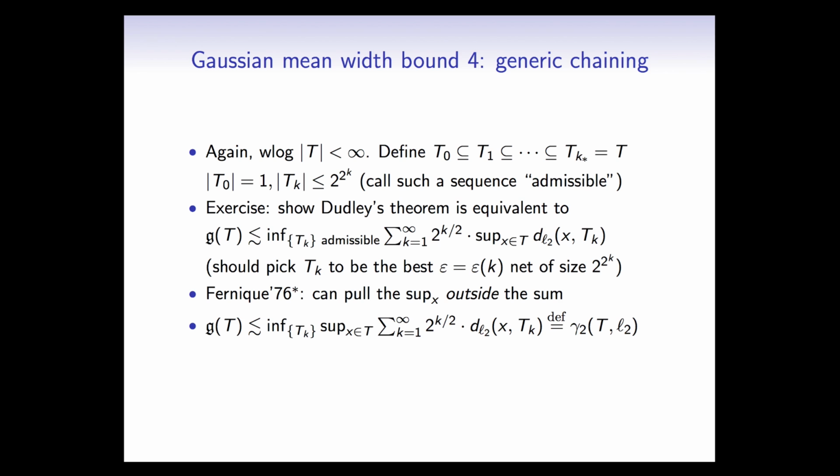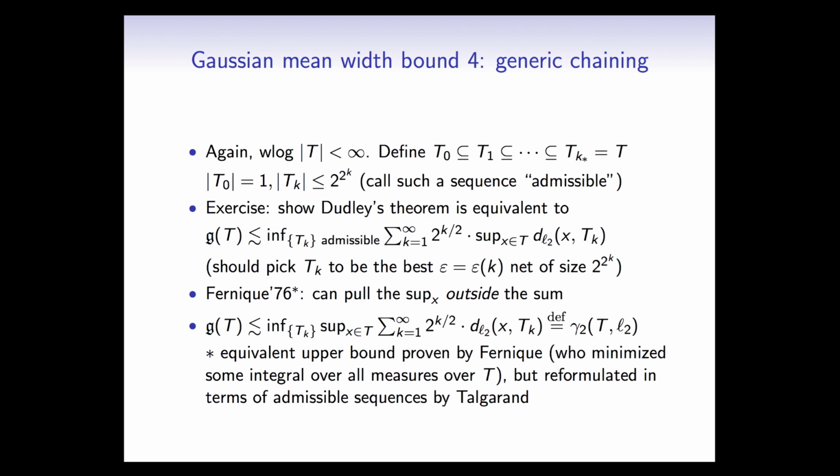Okay? So this now is looking very different from give me the best net you can at every scale. Because if the soup is outside the sum, then for different x's, I might want to approximate them differently at different levels. Does that make sense? Okay. And so this is what Fernique showed.